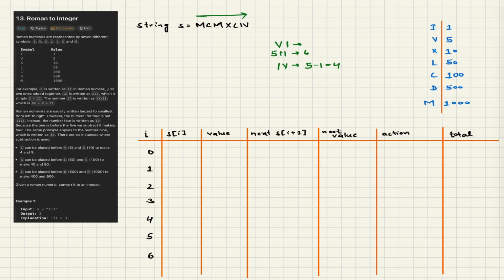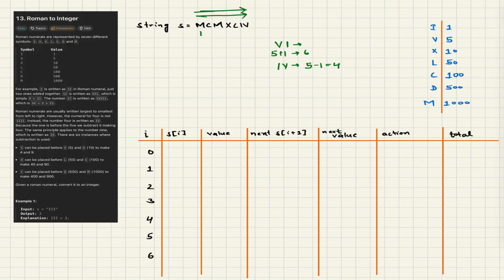So what we do is scan from left to right and compare each symbol with the next one. Based on whether the next symbol is smaller or greater, we decide if we have to subtract or move forward.